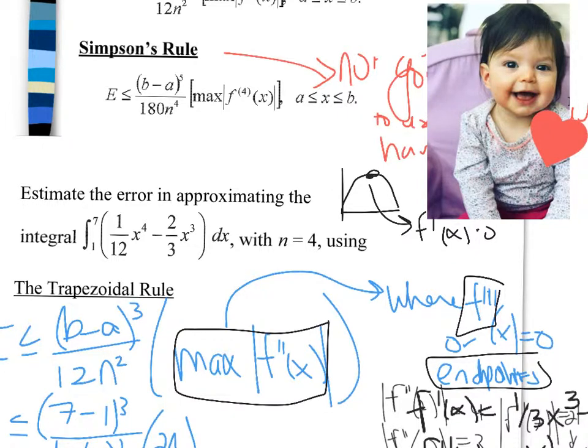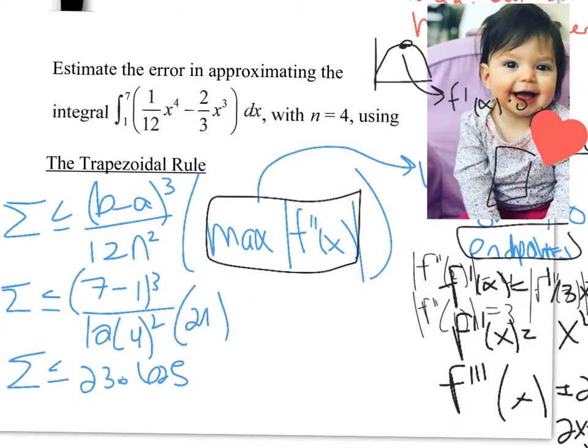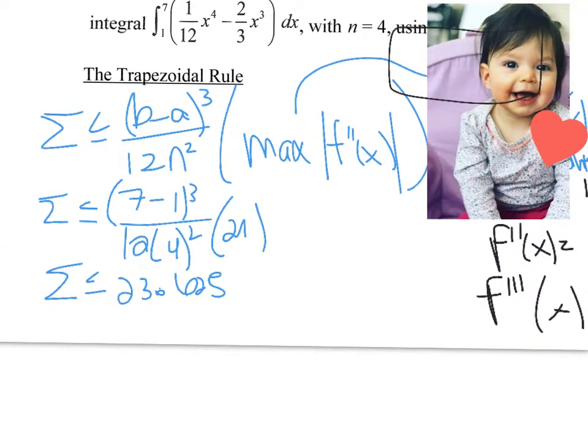If you think about a function, it could go up to a max and then go down again, so technically it could be the starting point. So what you want to do is calculate where the derivative of the second derivative, the third derivative, equals 0, and then also plug in the endpoints.